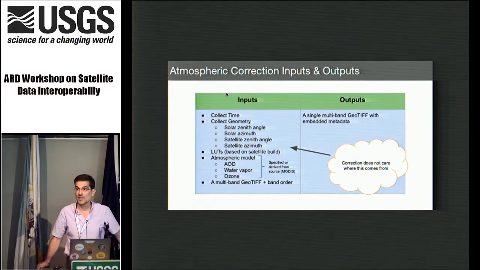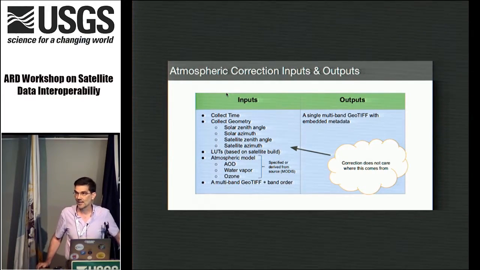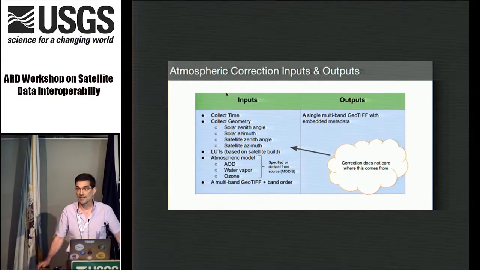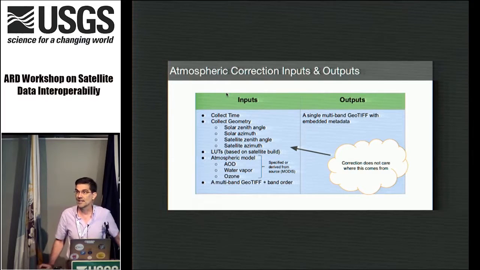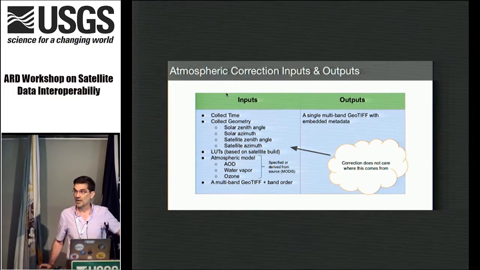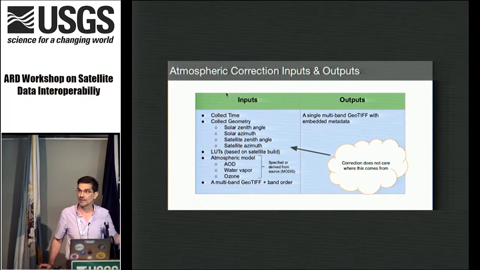The lookup tables either can be static or we can dynamically generate them, but usually we're using the static tables. And what comes out of it is a single multi-band GeoTIFF with metadata embedded in it. And like I said, this doesn't care about where the input data is coming from.